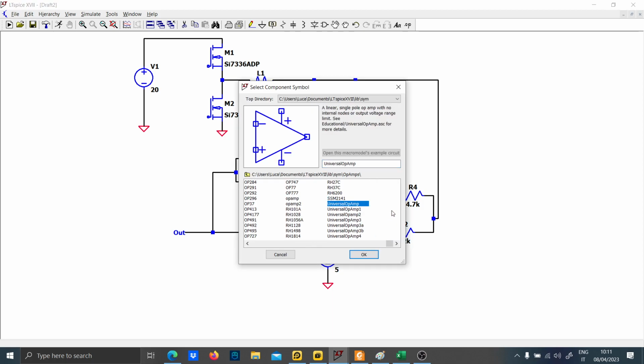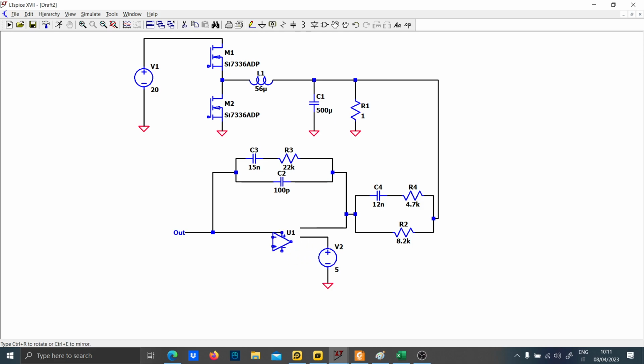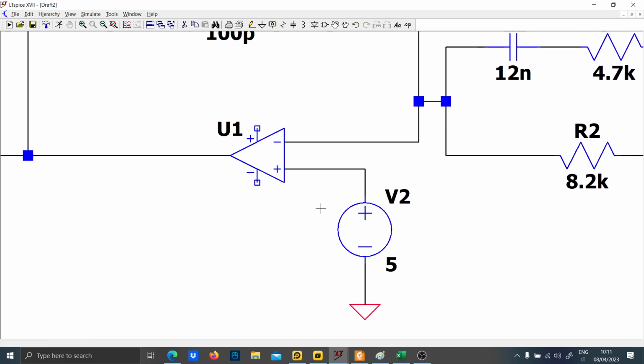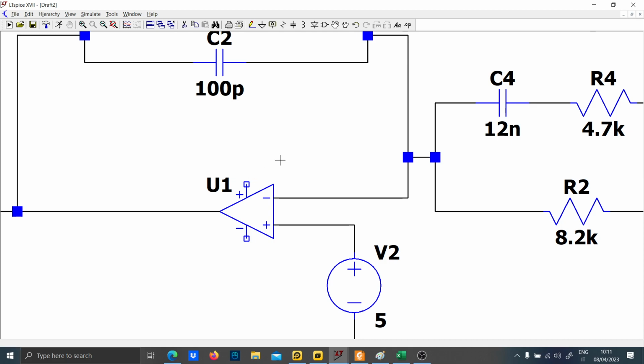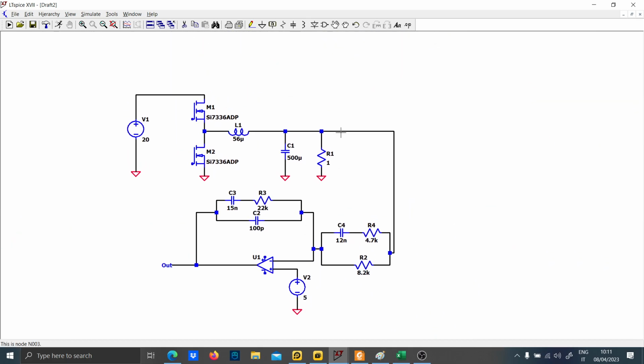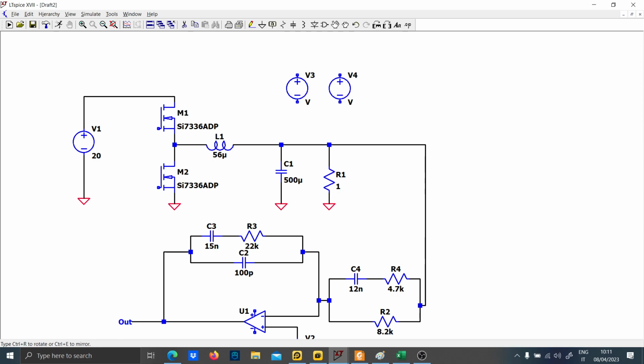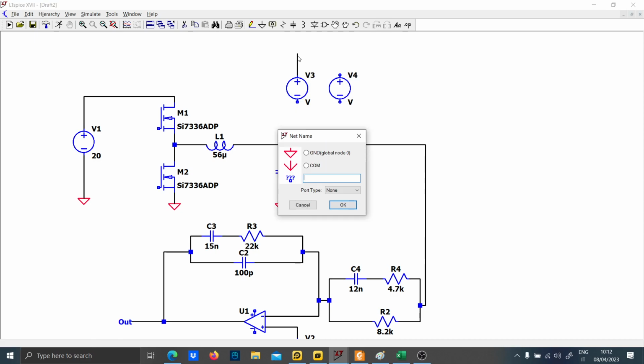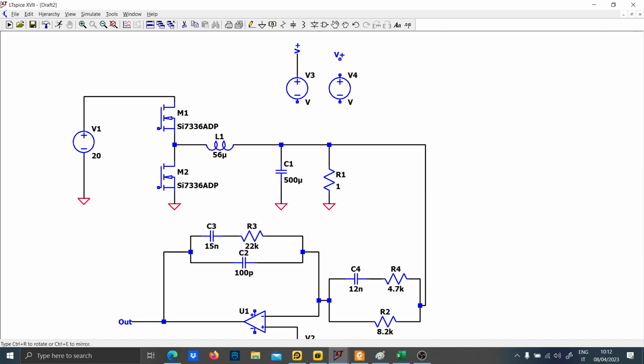It is suggested to put the universal op-amp because this time you will need the hysteresis. And so remember to put the reference on the plus side. This is extremely important: the reference on the plus side and the compensator on the negative side. Then let's decide the power supplies. Let's call one V plus and the other V minus. These two are referenced to ground because they are just power supplies.